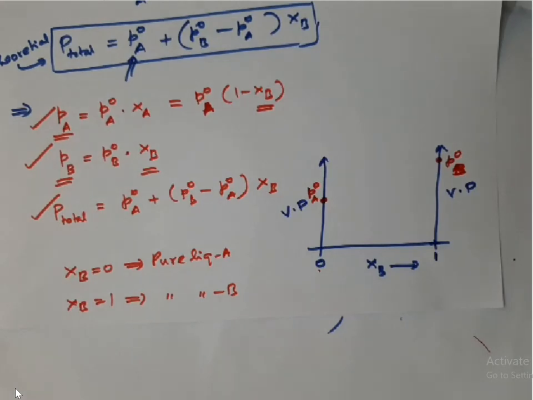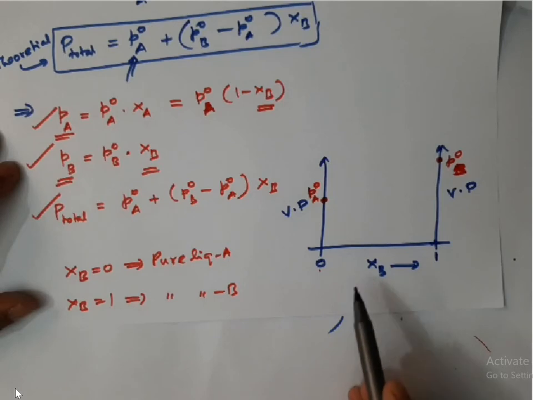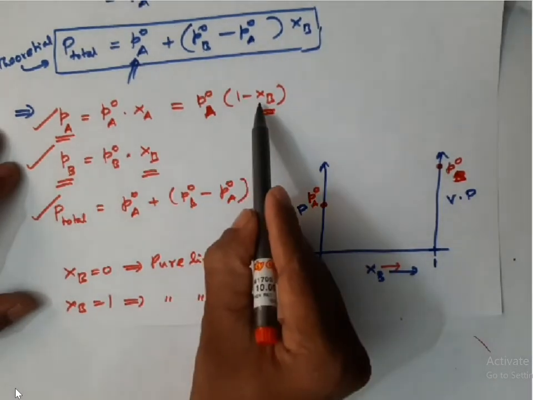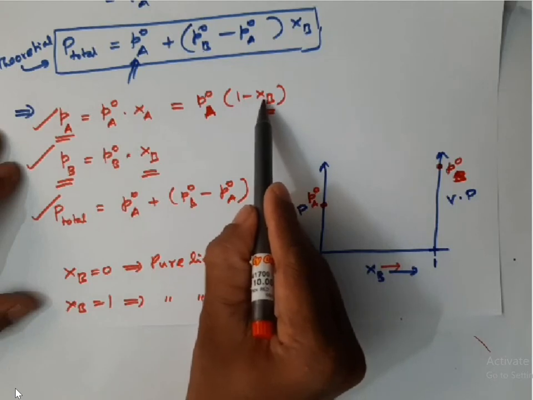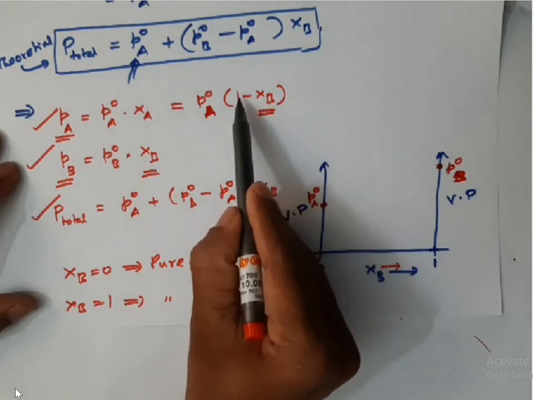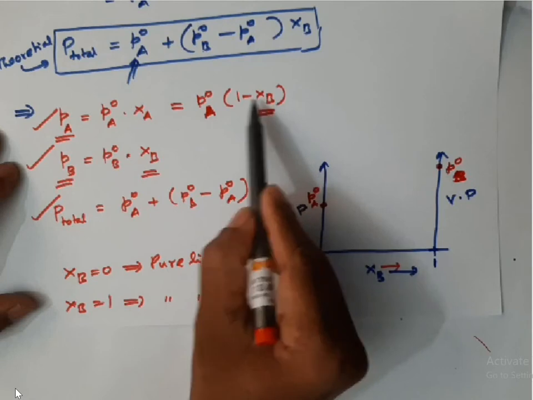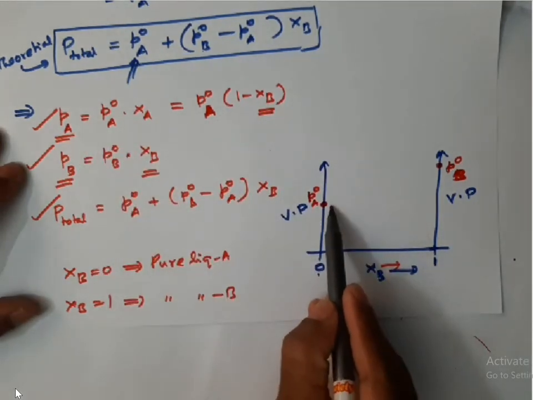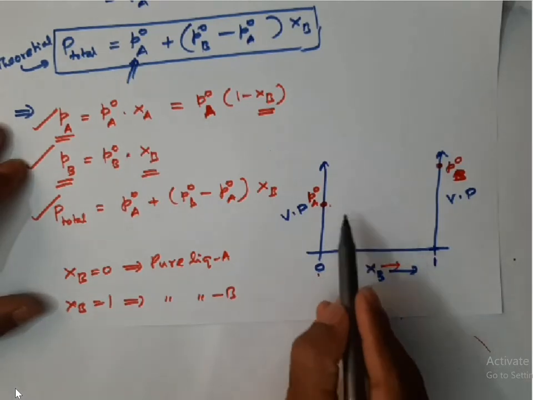Now what happens as XB increases from 0 to 1? Students, listen carefully, as XB increases we are taking 1 minus XB, therefore vapor pressure of A decreases along this line.